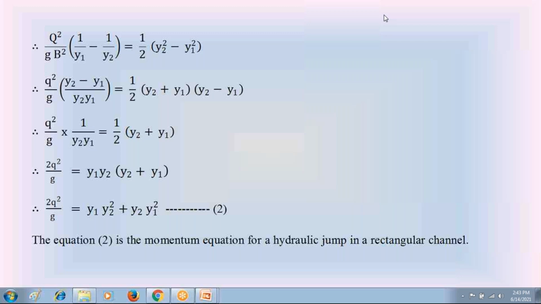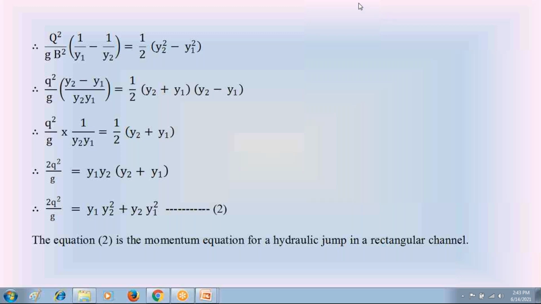In the rectangular channel, A1 is equal to B into Y1, A2 is equal to B into Y2, Z1 bar is equal to Y1 by 2, Z2 bar is equal to Y2 by 2. By substituting them in the specific force equation, we got equation 2 for the hydraulic jump in a rectangular channel: 2 Q square by Z is equal to Y1 into Y2 square plus Y2 into Y1 square.